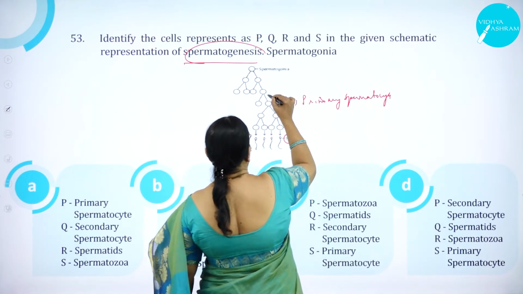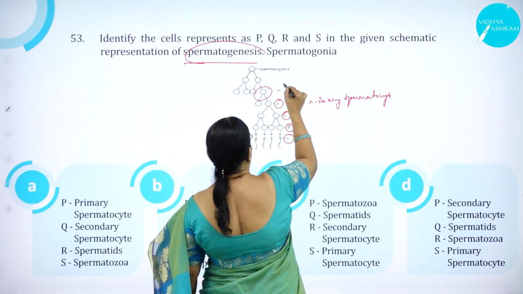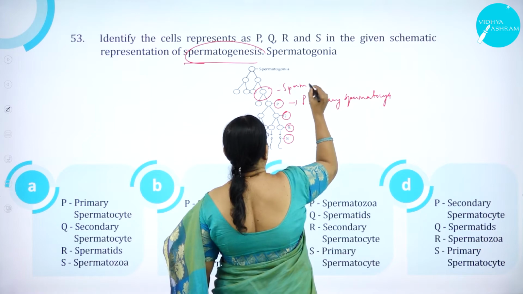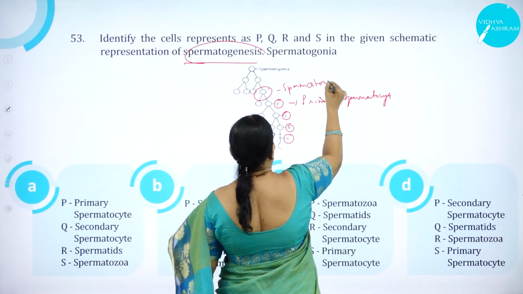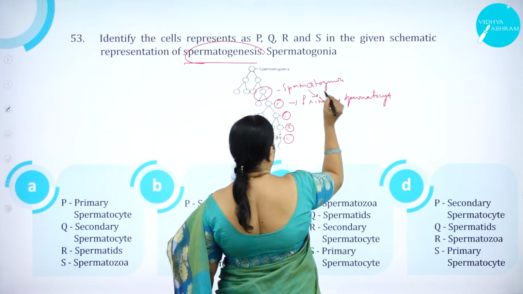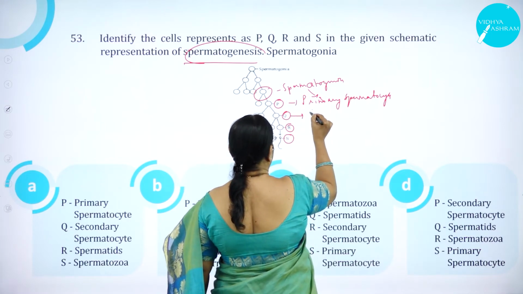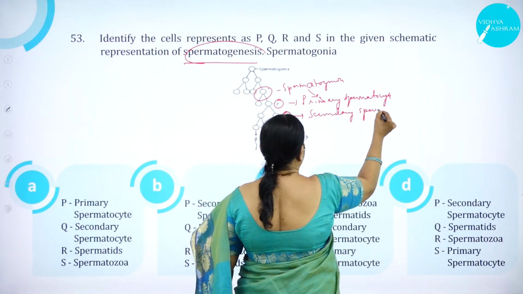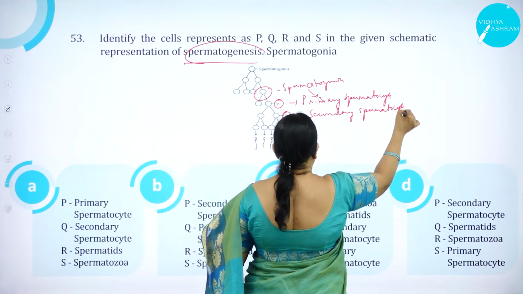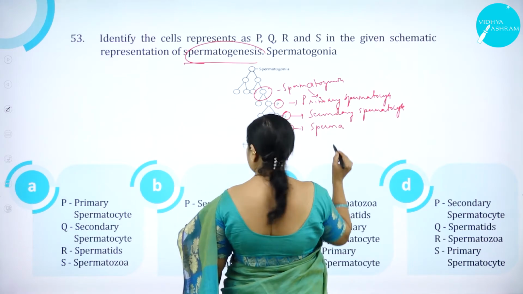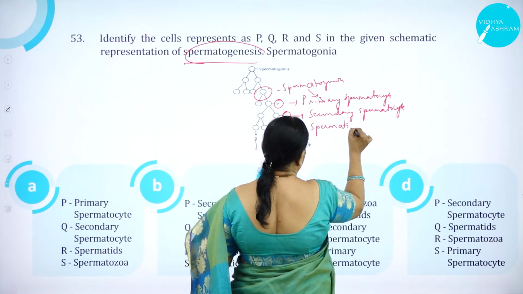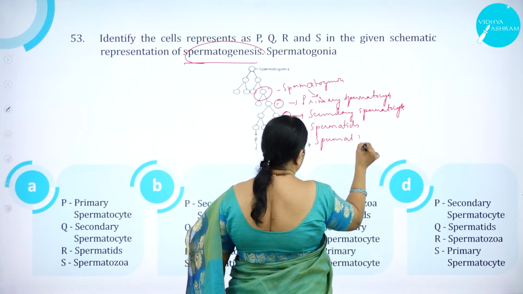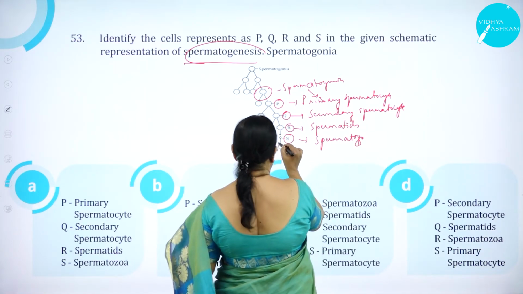Here you can see that more spermatogonia are formed, and they develop into primary spermatocytes. Primary spermatocytes develop into secondary spermatocytes. Here you can see spermatids, and here the spermatozoa.